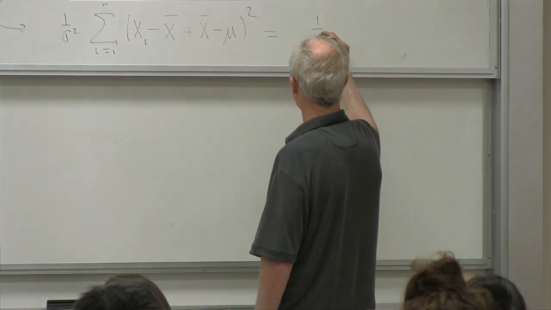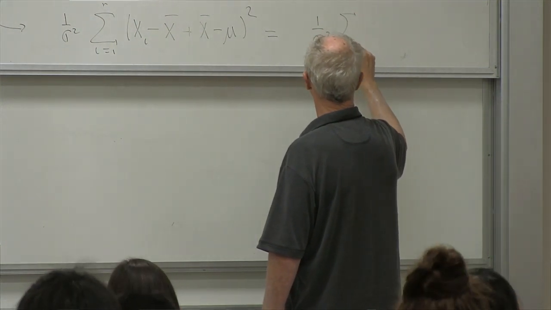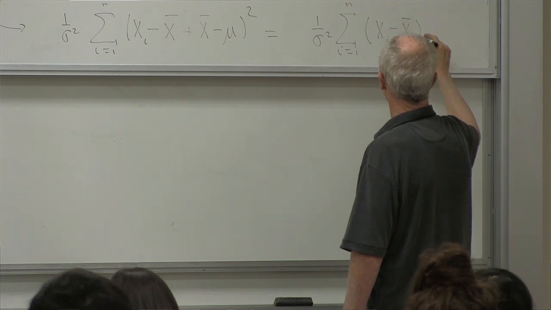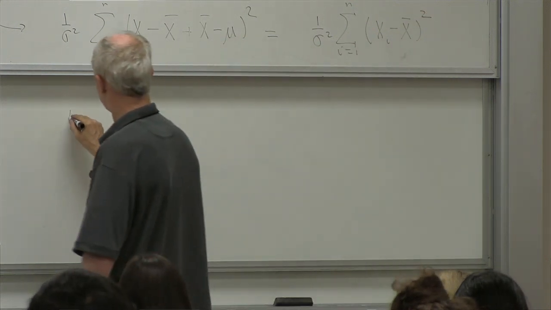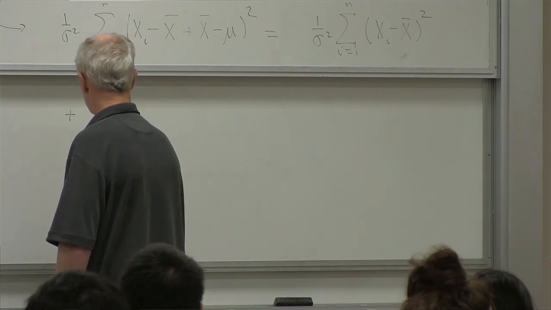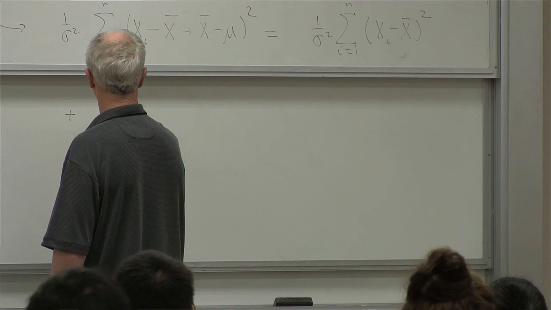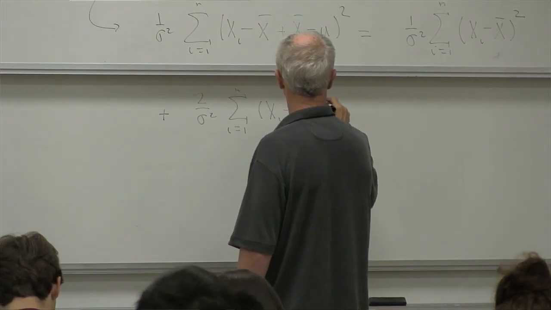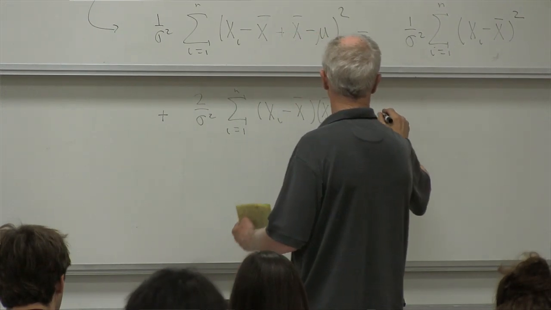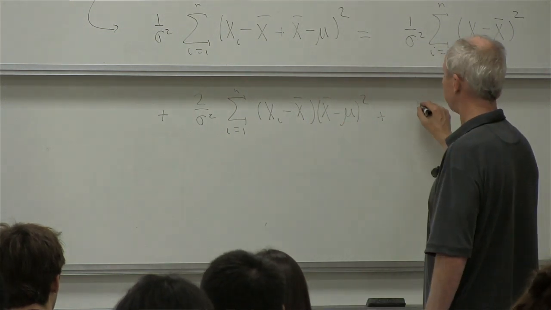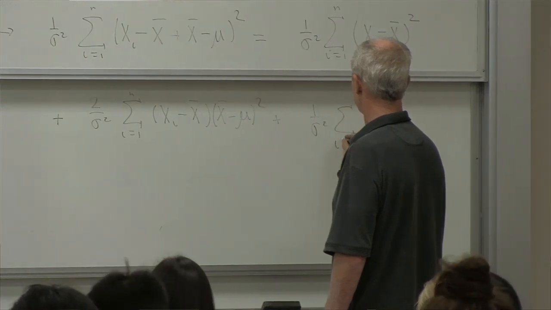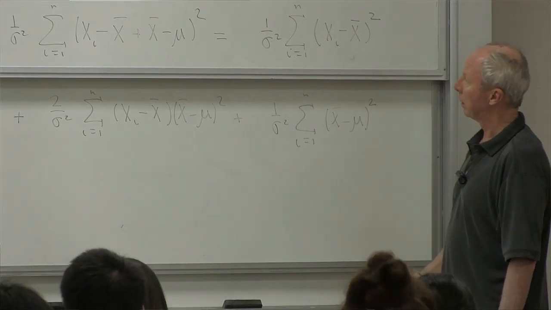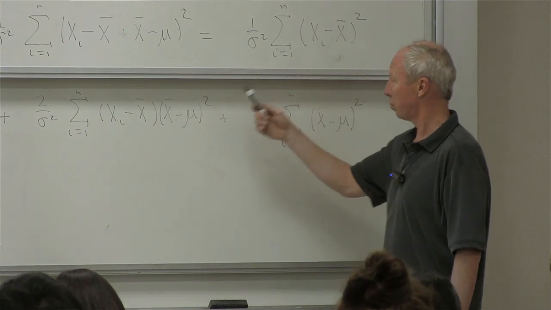And now I'm going to expand the square in each term. So this chi squared can be written as this plus this plus this.